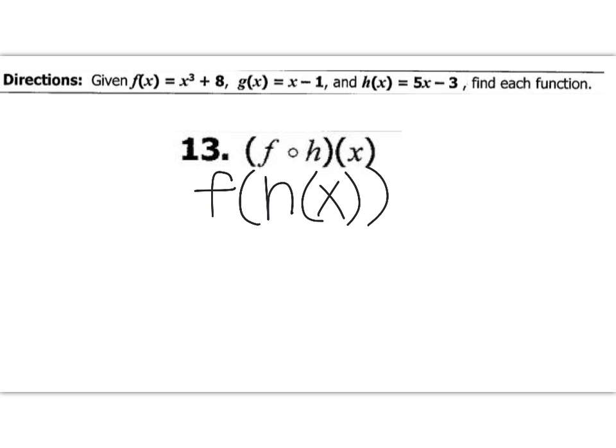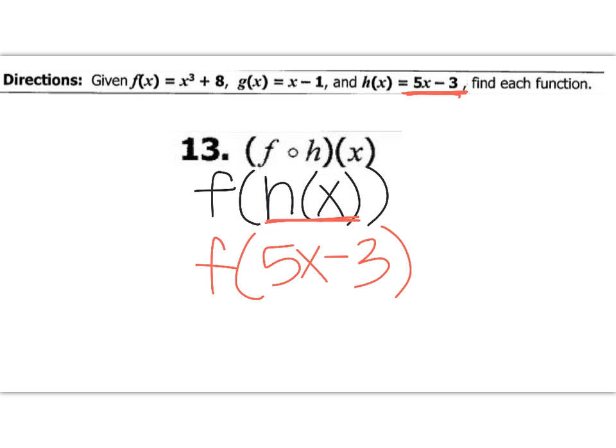Now we want to work from the inside out, so we want to substitute h of x inside the parentheses. So we end up with f of 5 times x minus 3. Now we want to ask ourselves, what does f of x look like? f of x is equal to x to the third plus 8.